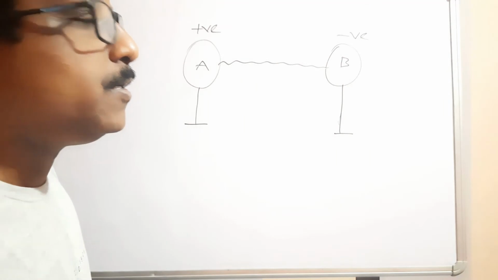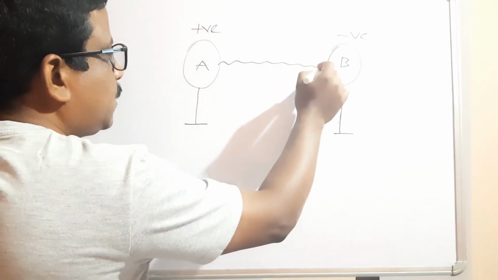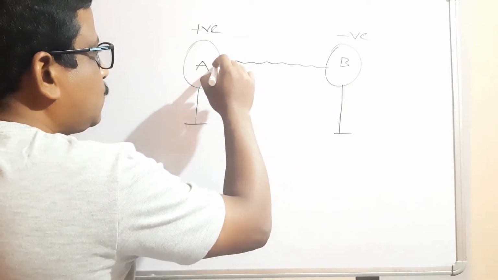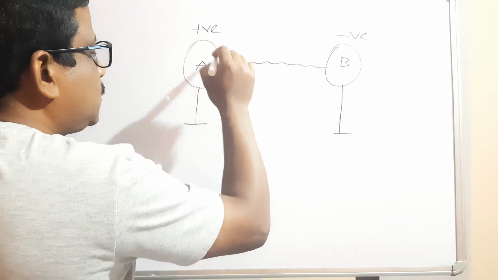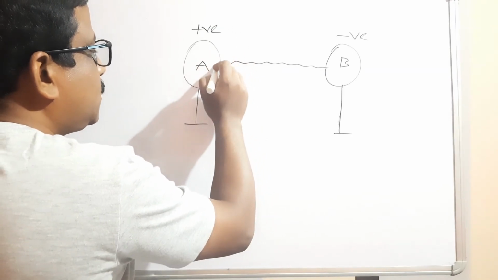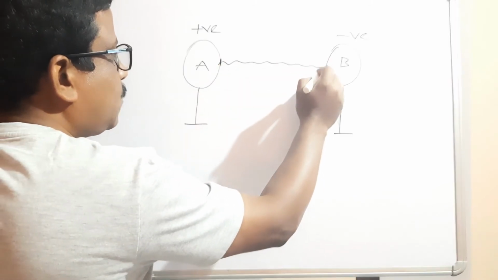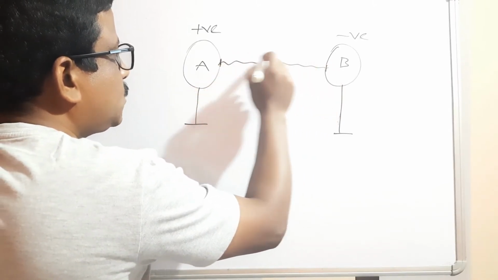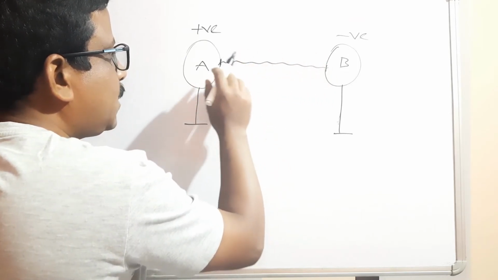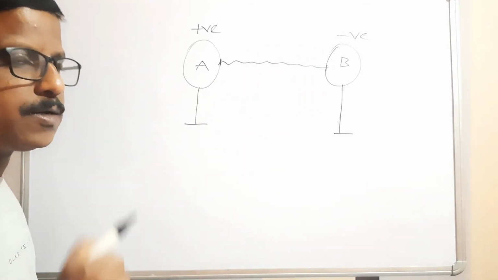Suppose this is one end of the metallic wire and this is the other end. Suppose a unit positive charge is displaced from point A to point B. When moving from one end to the other, it is being displaced, which means some work is done.